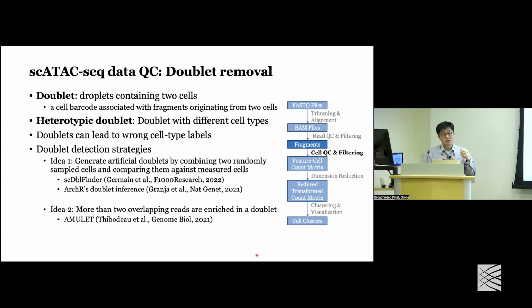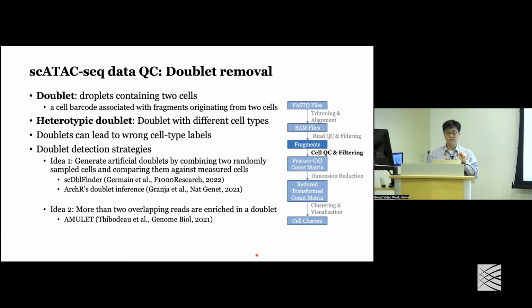So using this idea, you can ask how many reads are overlapping per cell for any particular region. And if you find more than 2 overlapping reads many, many times in a cell, then it is likely that those barcodes are probably doublets.